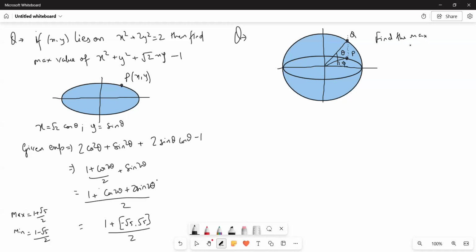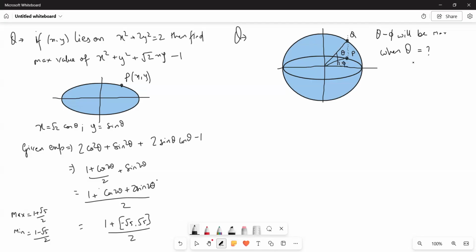or rather, let's change the question. Theta minus phi will be maximum when theta is equal to.